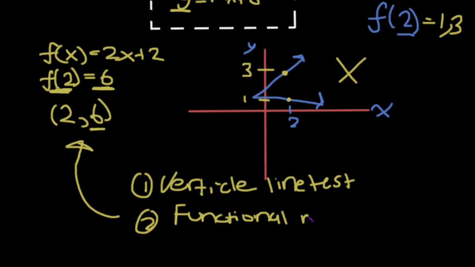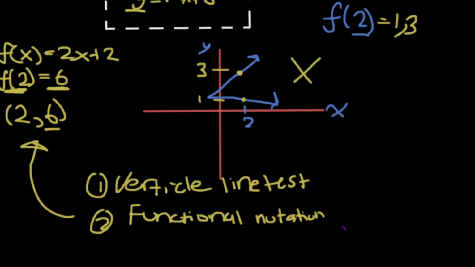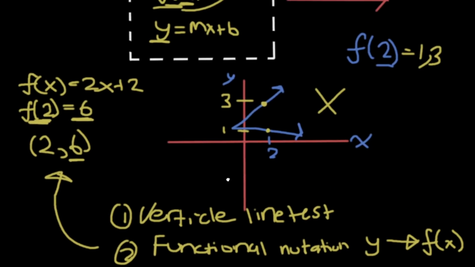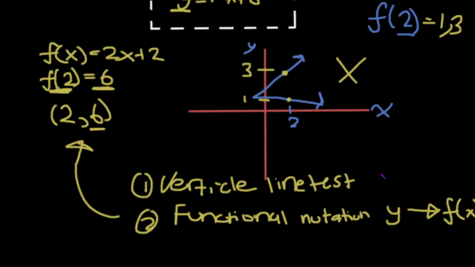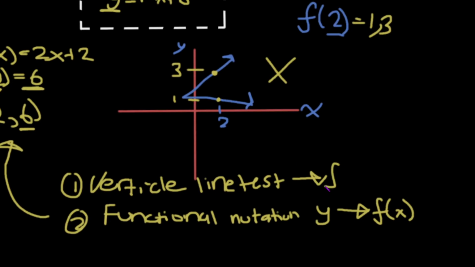Functional notation means replacing what we usually use as y with f of x. This is usually introduced in functions. And I'll be going through the vertical line test, which is seeing if a function is a function or if it is not a function.